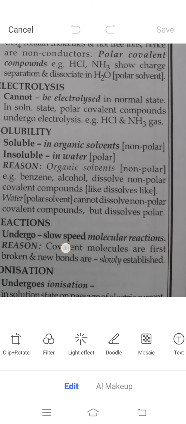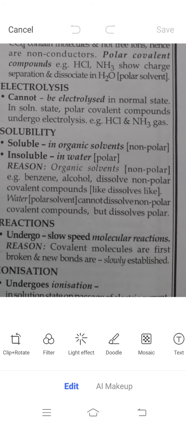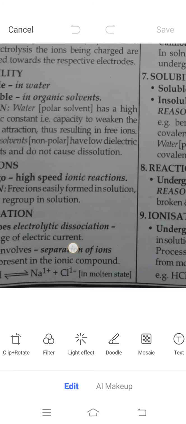Now, in the solubility of covalent compounds, you can see that they are soluble in organic solvents and insoluble in water. But HCl and ammonia, both of them are polar covalent compounds and they are soluble in water. So like dissolves like, this you have to remember.